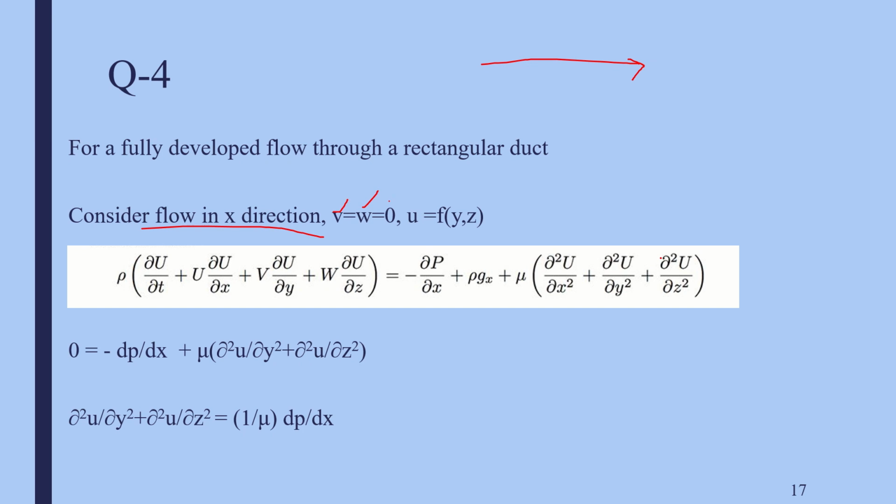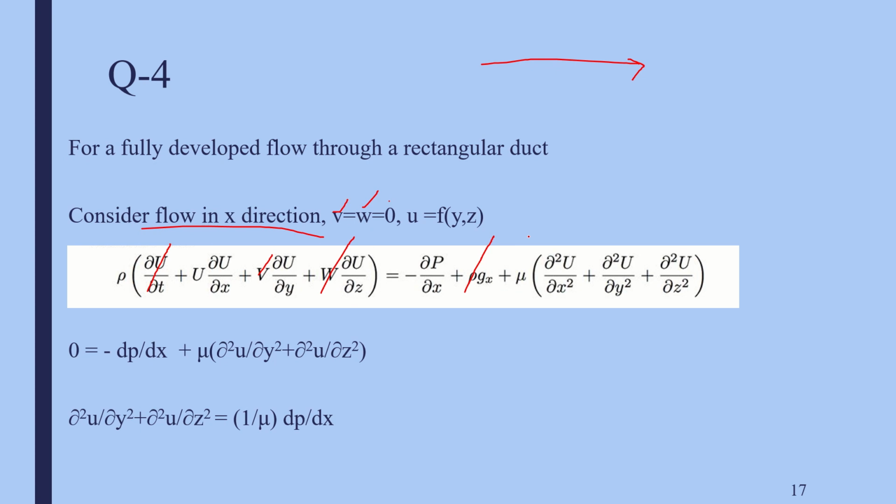Here we aren't considering the gravitational force, and it is a fully developed flow through a rectangular duct. Since v and w are 0, those terms go to 0.